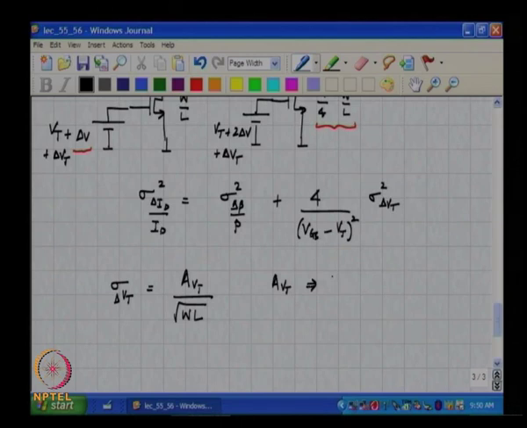Volt-meter, often quoted in millivolt micron. Okay. So, sigma square Vt will be A Vt square divided by W times L.